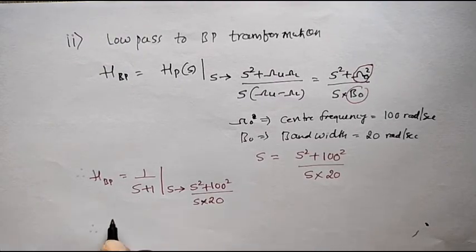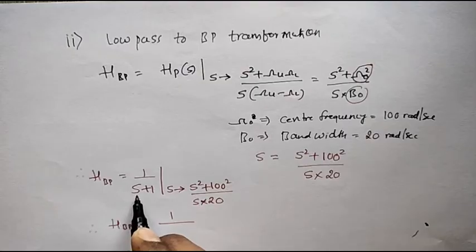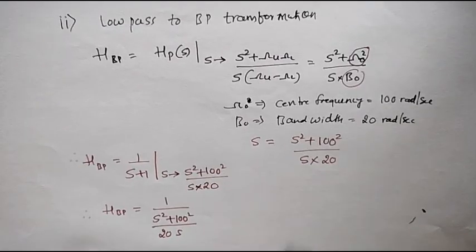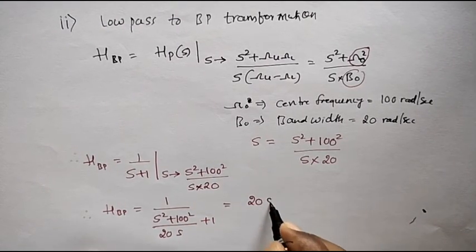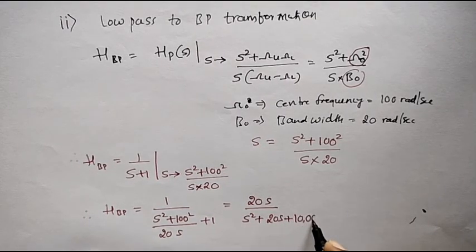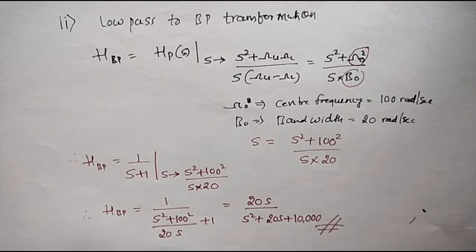Therefore the band pass filter transfer function is equal to 1 over S square plus 100 square divided by 20S plus 1. Simplifying this, we get 20S divided by S square plus 20S plus 10,000.